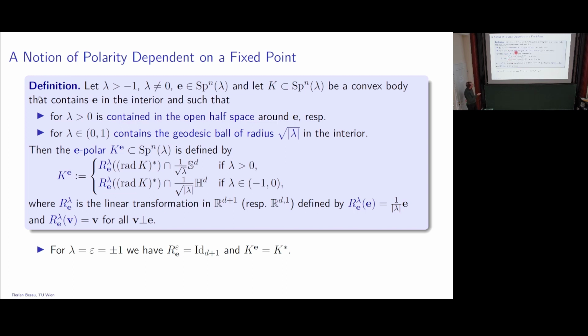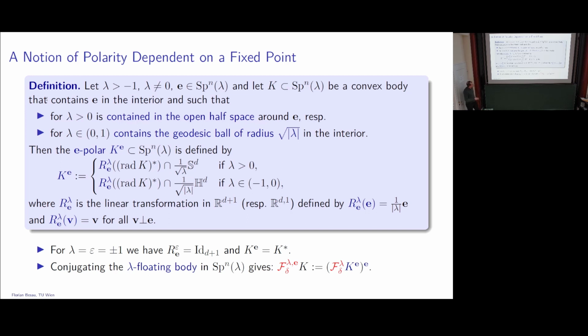So you take the radial extension of your non-Euclidean convex body, you take the polar cone, the dual cone, and then rescale with a linear transformation that just scales in the direction E with respect to the curvature lambda. In doing so, you obtain what we call an E-polarity operator that is now controlled by the curvature lambda. In particular, when your curvature is plus or minus 1, you just have the usual duality operator, so it does not depend on E.